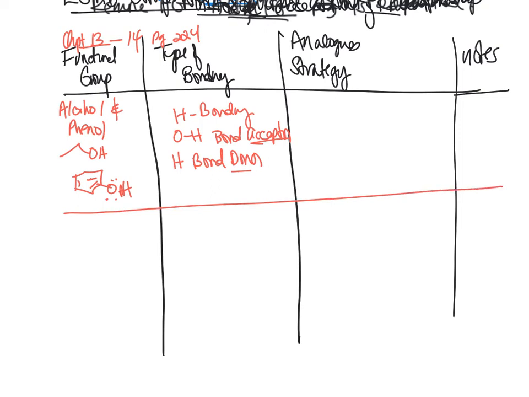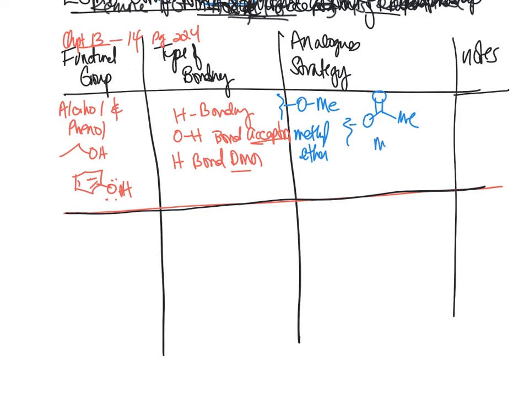And then the analogs you would make, you could replace it with an O-methyl ether or an O ester, methyl ester. Okay, so that's on your molecule there. So this is a methyl ether, and this is a methyl ester.